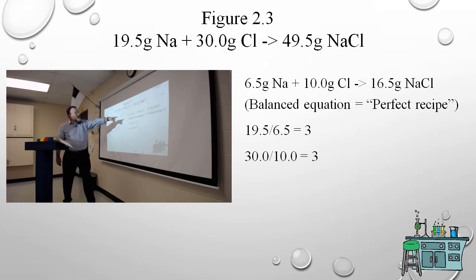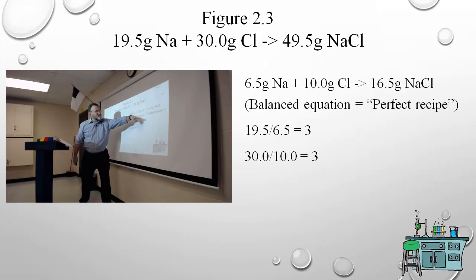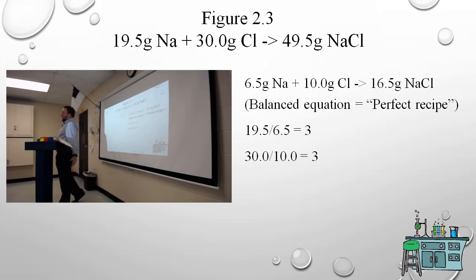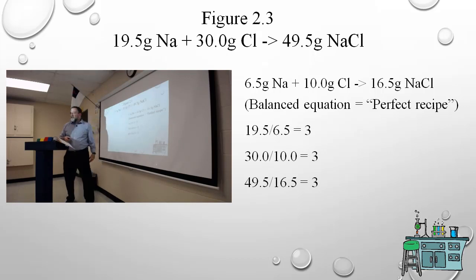So if I've got 3 times this and 3 times this, what do you suspect I'm going to make? 3 times as much of that, right? So basically, this is the same thing as before. 6.5 plus 10 produces 16.5, but it's a triple batch. 3 times as much. You see, that's the law of definite proportions. If you've got them in the right proportions, they will produce in the same proportion.